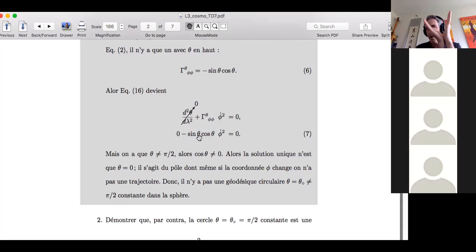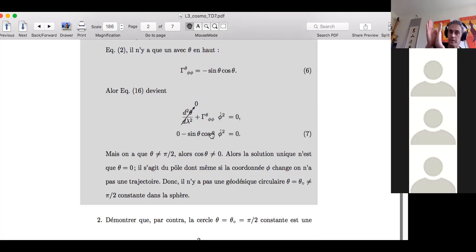So on the sphere, that corresponds to the North Pole. Theta is what we call the co-latitude, so it's 90 degrees minus the latitude. I think that's right. Anyway, it's 0 degrees when you're at the North Pole, 90 degrees at the equator, and pi when you're down at the South Pole.